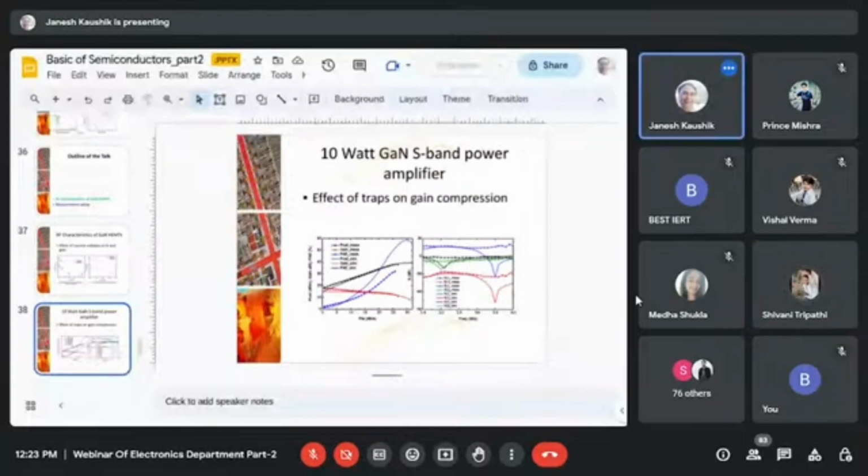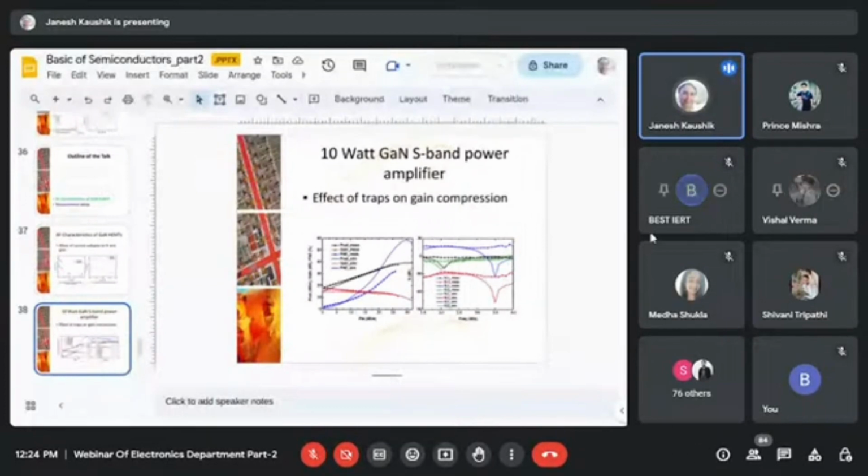Yeah. So what I see in gallium nitride HEMTs is that the 1 dB compression comes much earlier. This is contradictory. On one side we are saying that gallium nitride is a wider band gap material which has very high operating drain voltages and very high breakdown voltages compared to gallium arsenide, which gives higher power because here the 2DEG concentration is one order more, as well as the breakdown voltage is one order more.